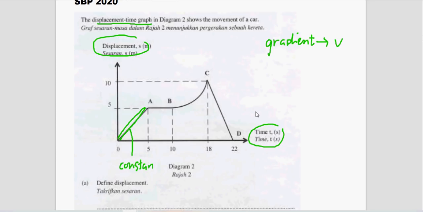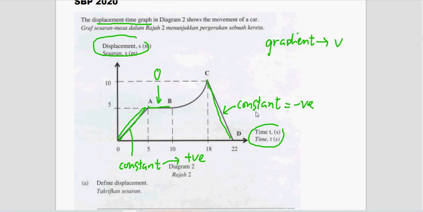So cikgu just tulis constant gradient. If you see a horizontal line like that, it means the gradient is zero. And if you see a graph like this, this is also a constant gradient but with a negative value. And here, this part just now, this is a positive gradient.